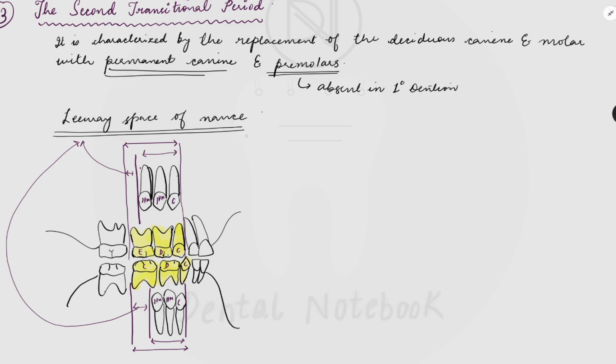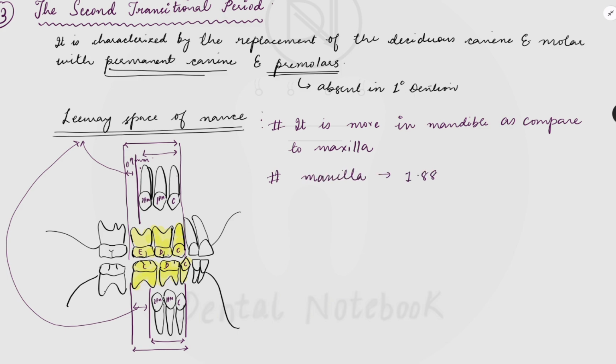The leeway space of Nance is more in the mandible as compared to the maxilla. In the complete maxilla, it is approximately 1.8 mm, that is approximately 0.9 mm on each side.